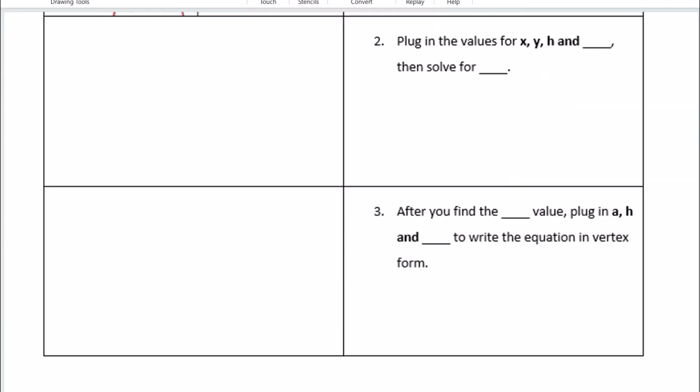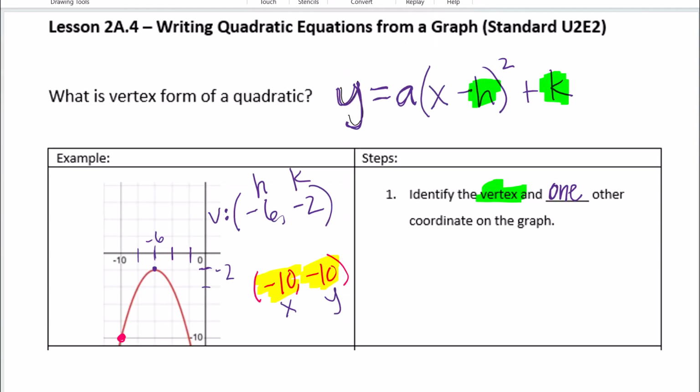So moving on to step 2. Step 2 is we're going to plug in the values for x, y, h, and k. And then we're going to solve for the only thing that we don't know, which is a, which affects the shape of the parabola and the direction.